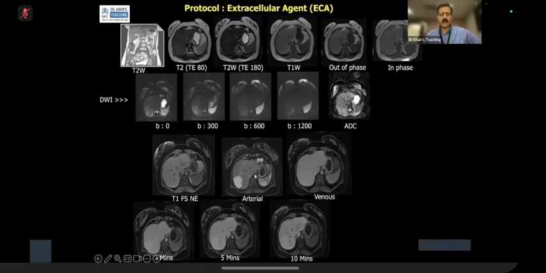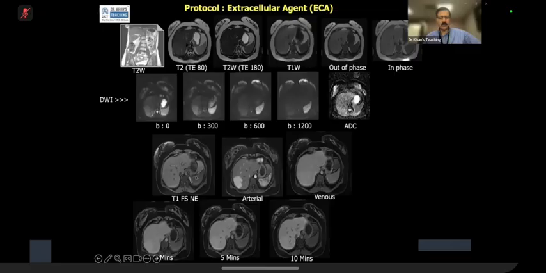Anything which remains bright on the highest B value can be a sign of a malignant lesion, or it might be a hemangioma. Please remember that a hemangioma is a benign lesion but will show high signal on high B value, just like this spleen.